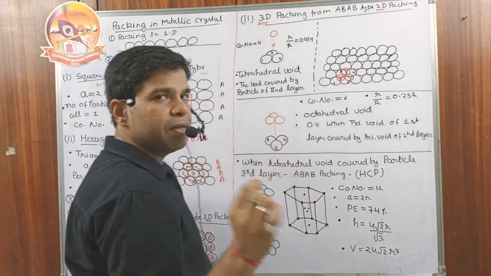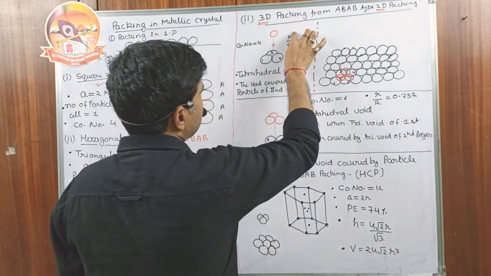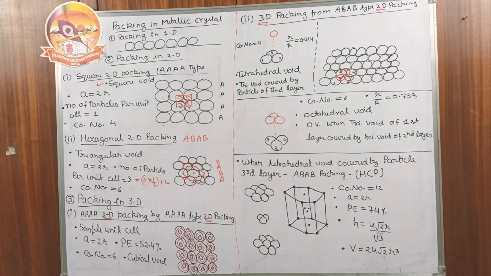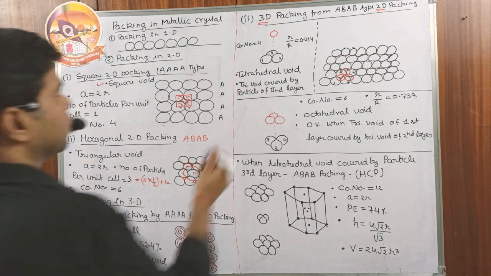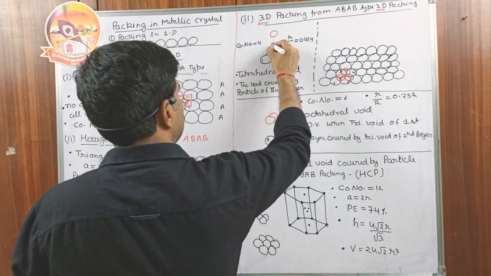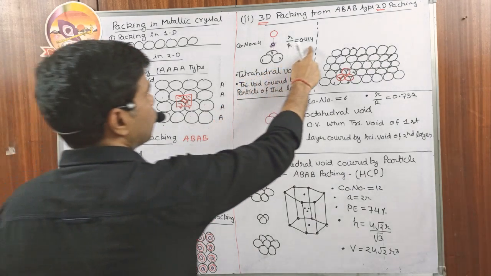And if we have a small particle in the tetrahedral void, then the radius of the small particle, that is blue, divided by the radius of the bigger particle, that may be black or red, is always equal to 0.414.